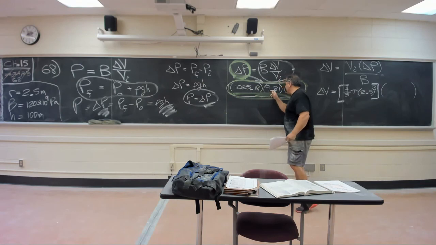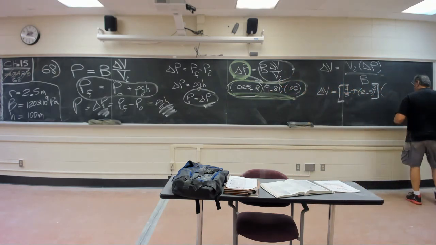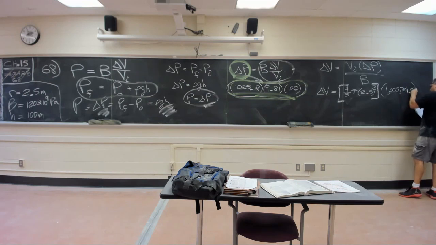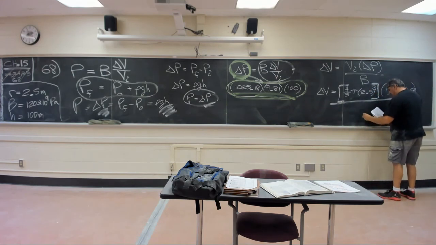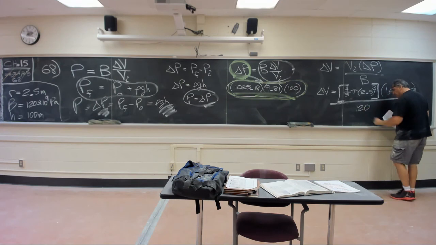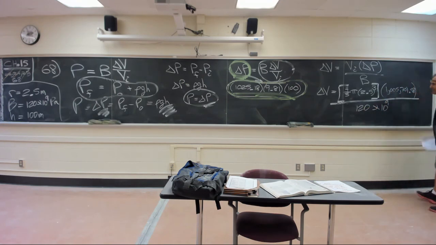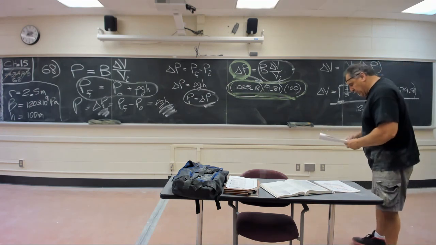Take this, this, and this, and multiply them all together, and you get this. I don't like to round off when I'm doing these. Divided by 12 times 10 to the 9th. It's a bit of a mess, but it's not hard. As long as you're careful, this shouldn't be bad. Just watch the numbers, watch where they go.